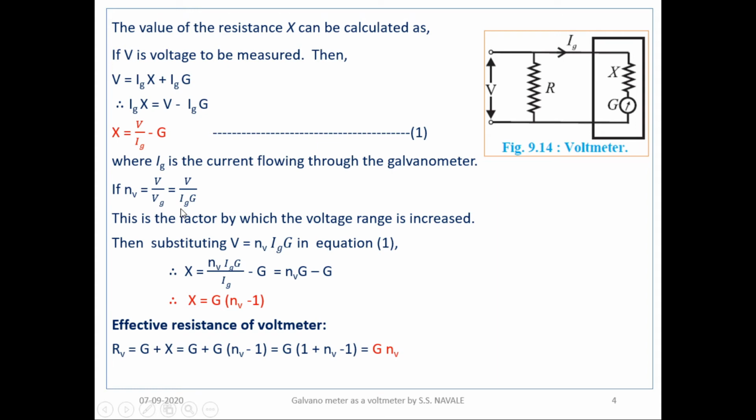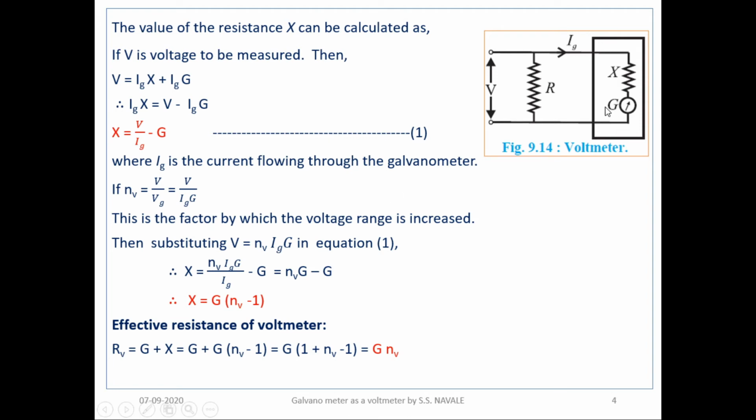Now we have to find the factor by which the voltage range is increased. So Nv is the factor by which the voltage range is increased, which is equal to V upon Vg, where Vg is the potential difference across the galvanometer. The current passing through the galvanometer is Ig and G is the resistance of the galvanometer.